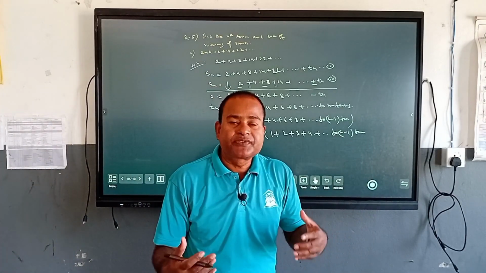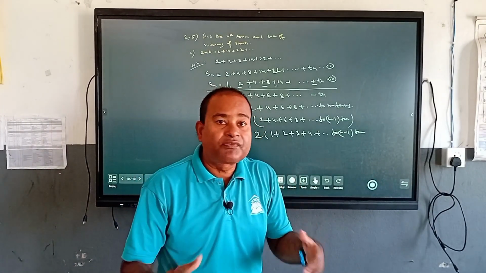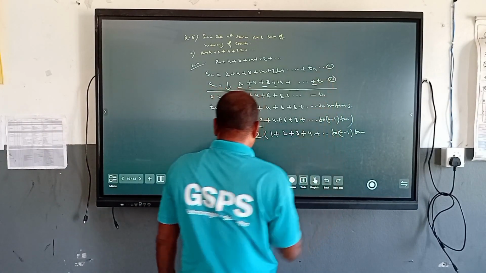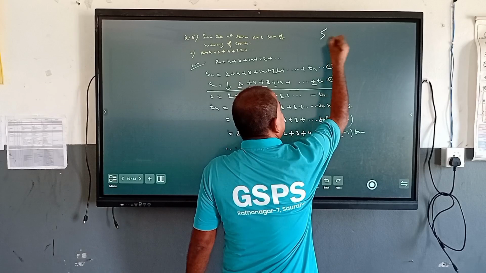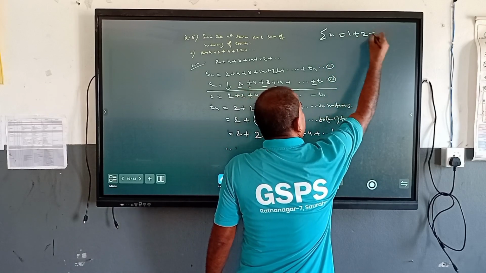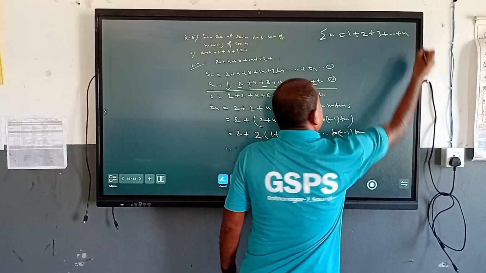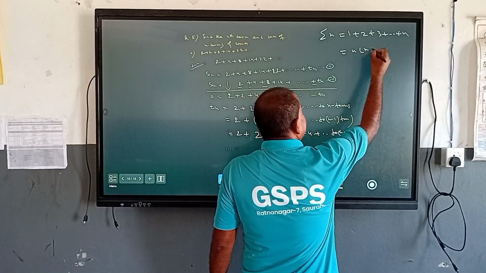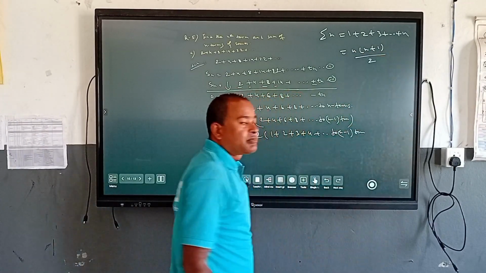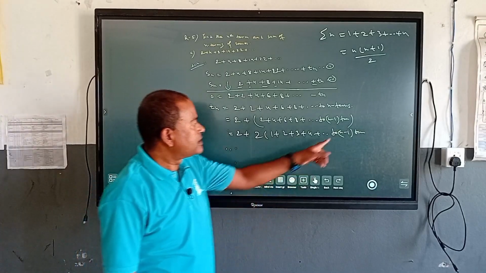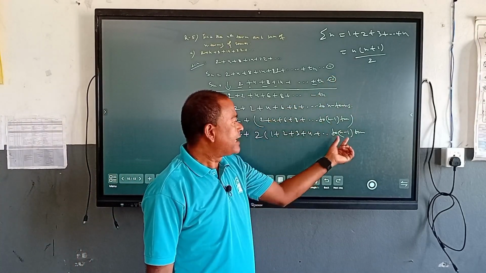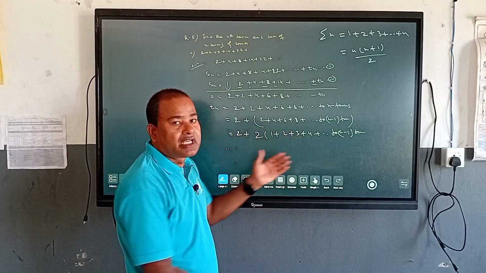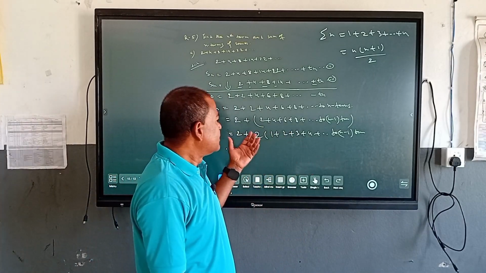So dear students, we know that the sum of the first n natural numbers is n times n plus 1 divided by 2, but the number of terms we have is only n minus 1, because one of the terms we have isolated from the series.